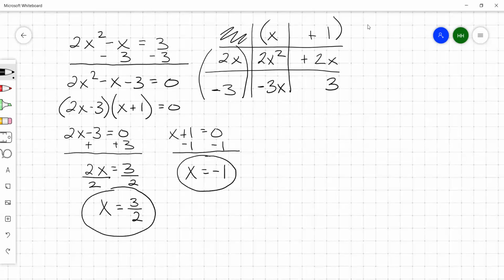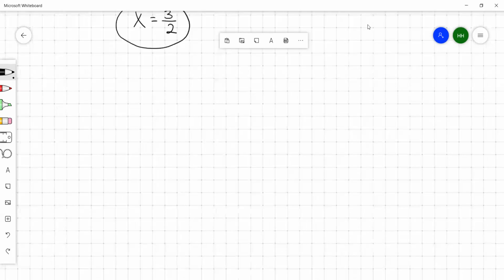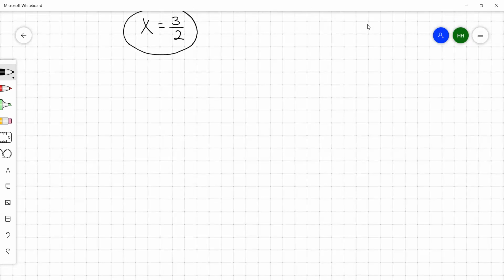And let's say you were to get something like 4x squared equals x plus 3. Again, you want all the terms on the left-hand side, or all the terms on the same side.